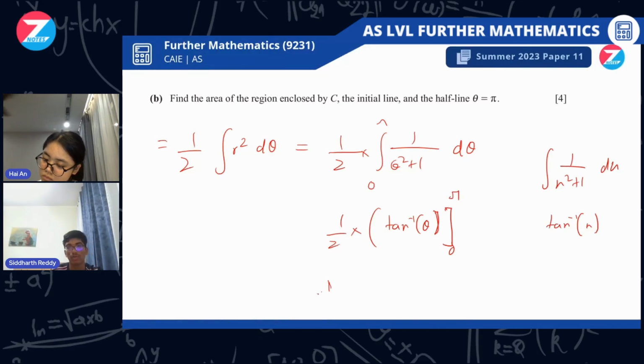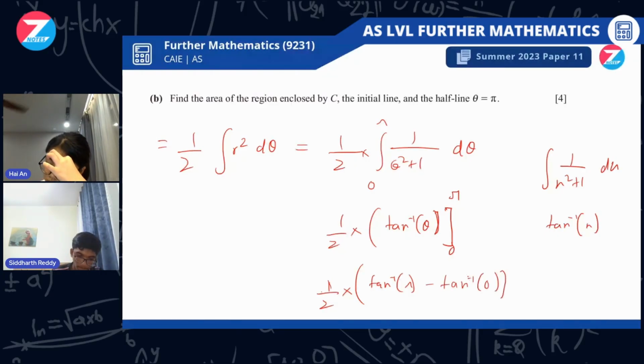So that's 1 by 2 times tan inverse of pi minus tan inverse of 0. Tan inverse of 0 is just 0, so it's just half of tan inverse of pi, which the calculator gives us 0.631. So that's the answer.